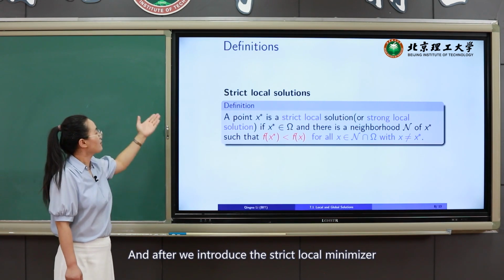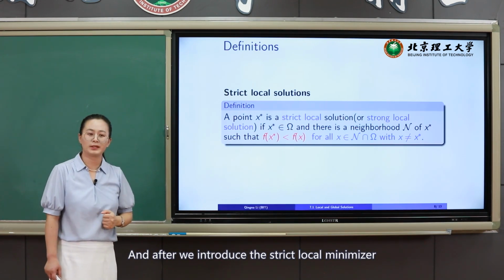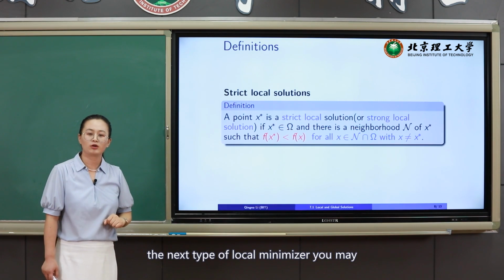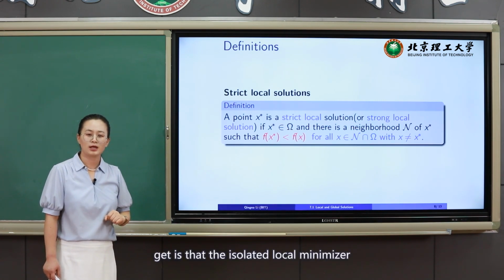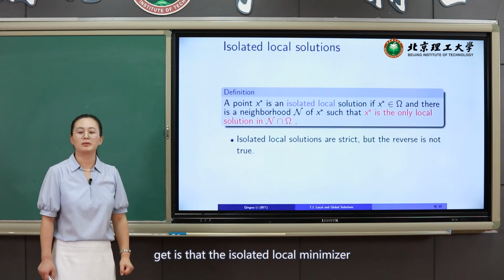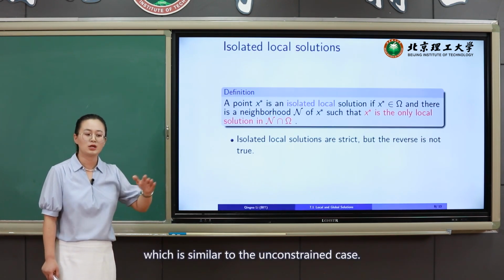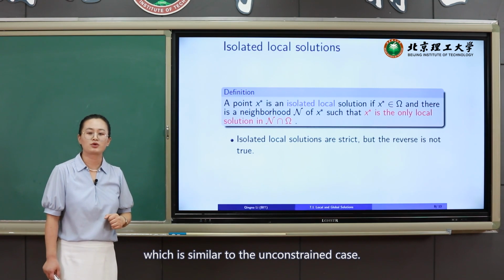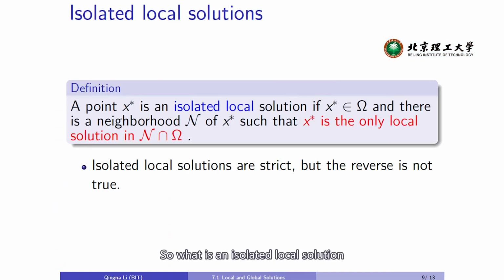And after introducing the strict local minimizer, the next type of local minimizer you may get is the isolated local minimizer, okay, which is similar to the unconstrained case. So what is an isolated local solution?